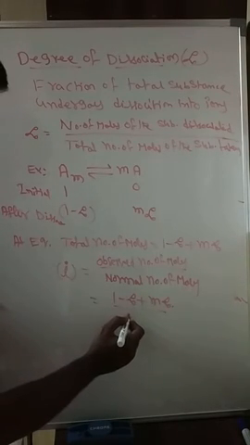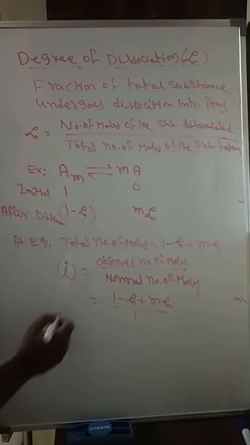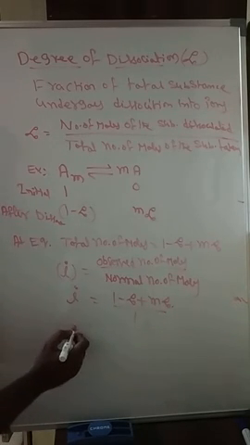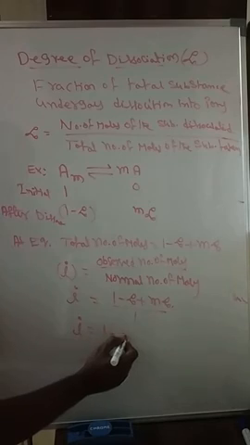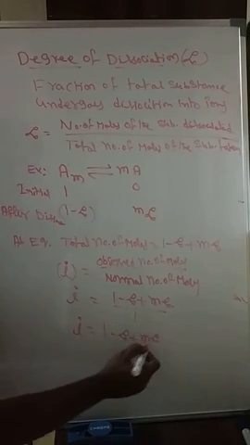The normal number of moles is 1. So i is equal to 1 minus alpha plus m alpha.